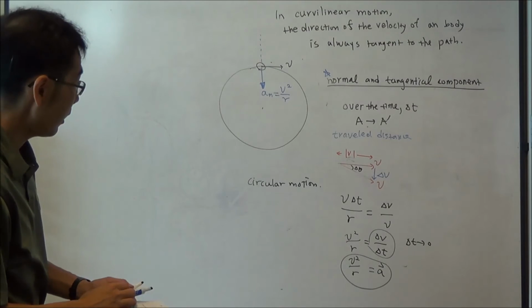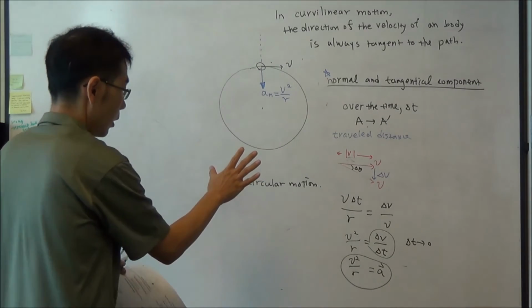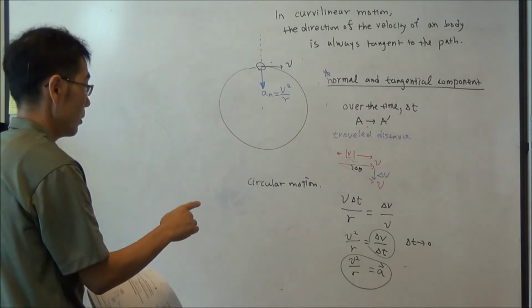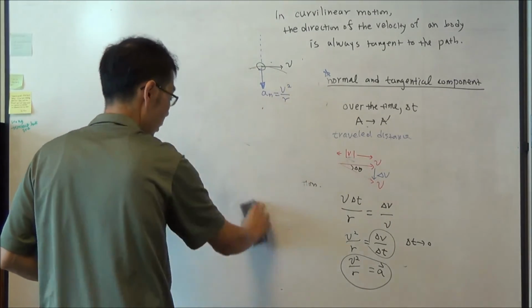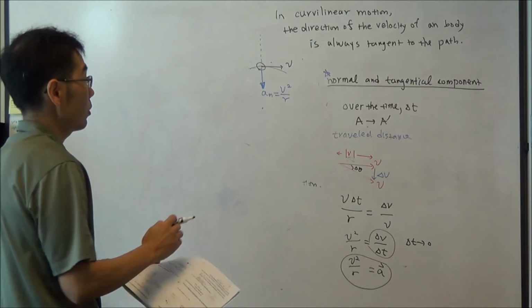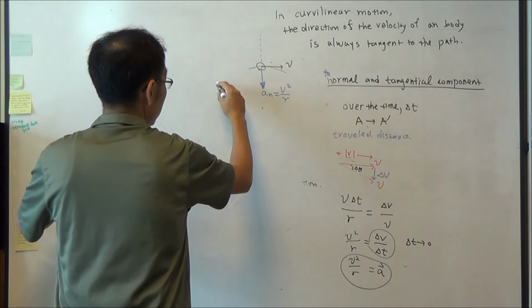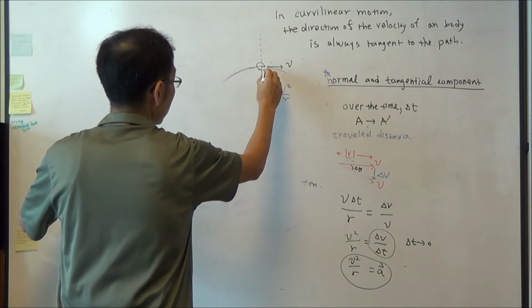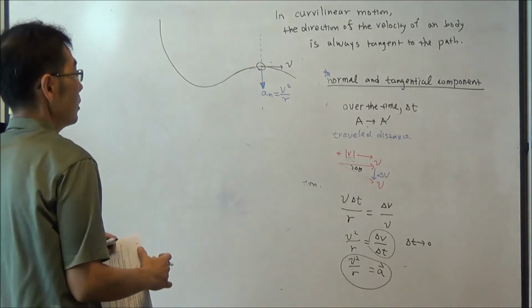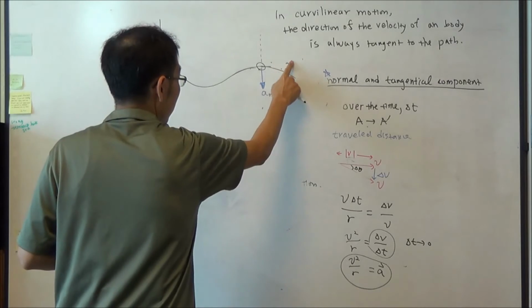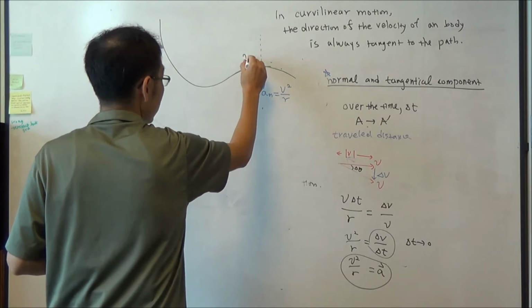Okay, so far we've just been talking about circular motions, but rather than circular motions, let's think about any general curved motion. Something like that, and let's say this one is moving to the left side.